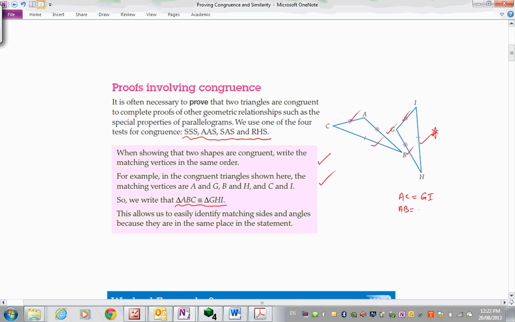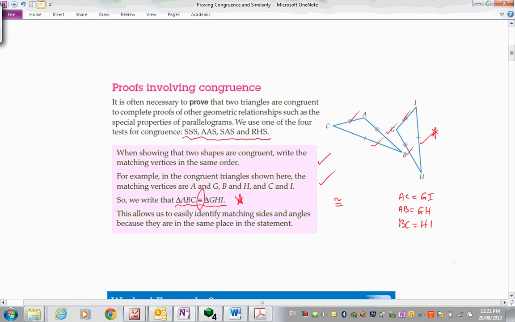So here we would say, listing all those down, that AC was equal to GI and AB was equal to GH, and that's all given, and BC was equal to HI. So then we could say triangle ABC, there's an equivalent sign there. Some books have it with a squiggly line to mean they are congruent.